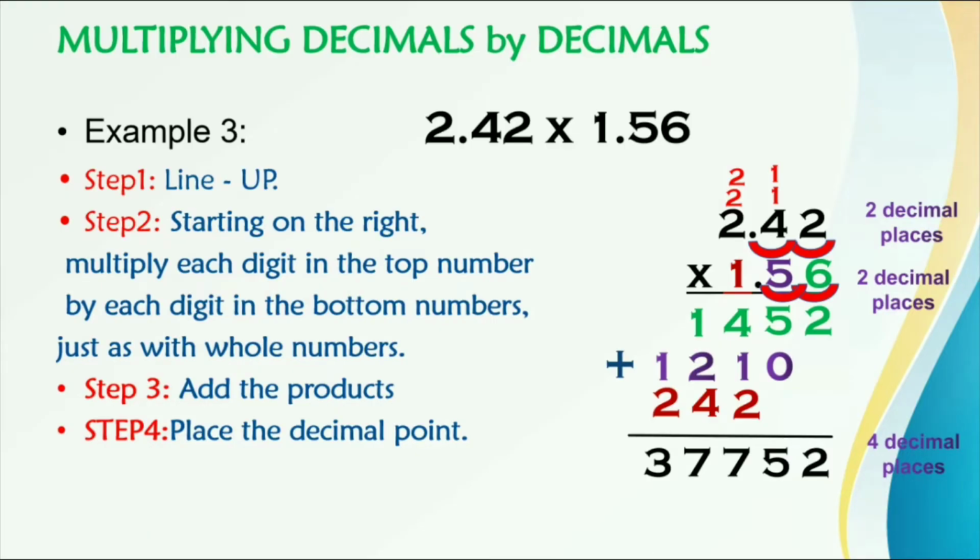So, kung 2 plus 2 is equal to 4, sa answer, meron tayong 4 decimal places. 2, 3, 4. Okay, so the final answer in this problem, 2.42 times 1.56 is 3 and 7,752 10,000s. Okay, so now let's proceed to dividing decimals.